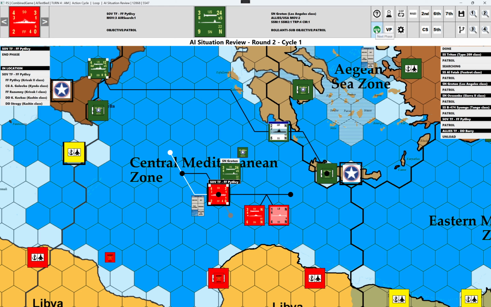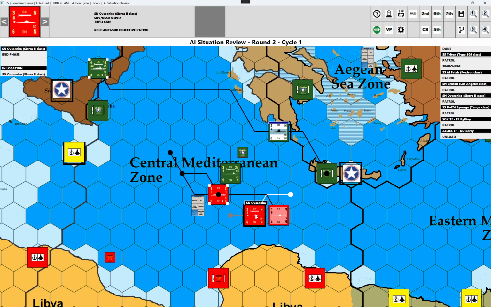Actually, let me check where the Soviet sub is. Oh, here. So no one's been detected. You can tell if they're detected by a little box over here that shows it. Let's see if these guys can detect each other.